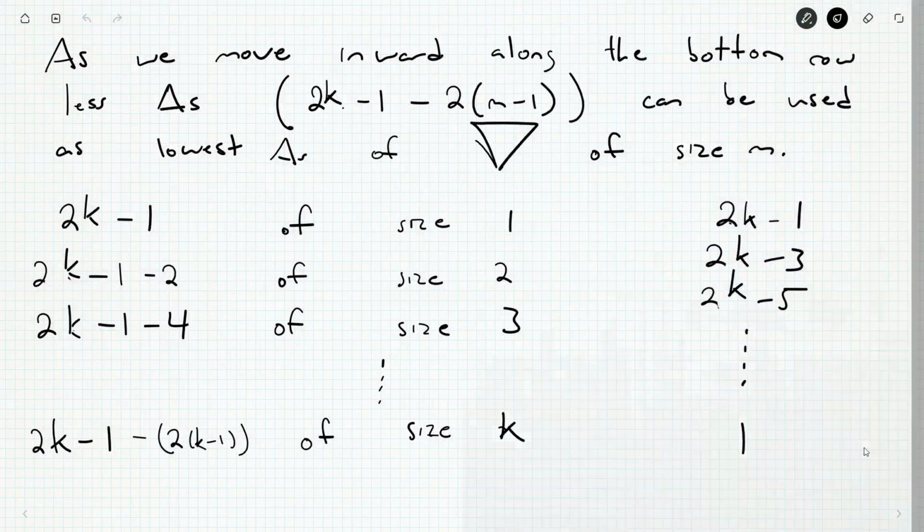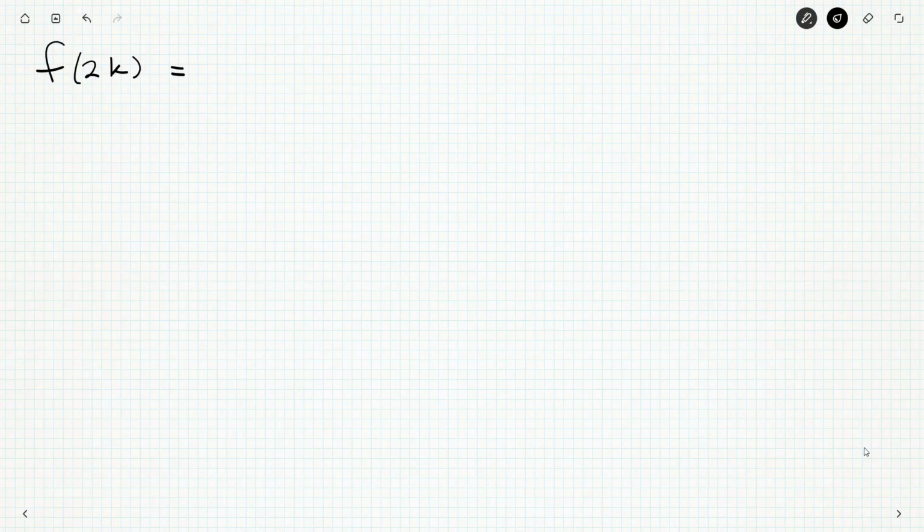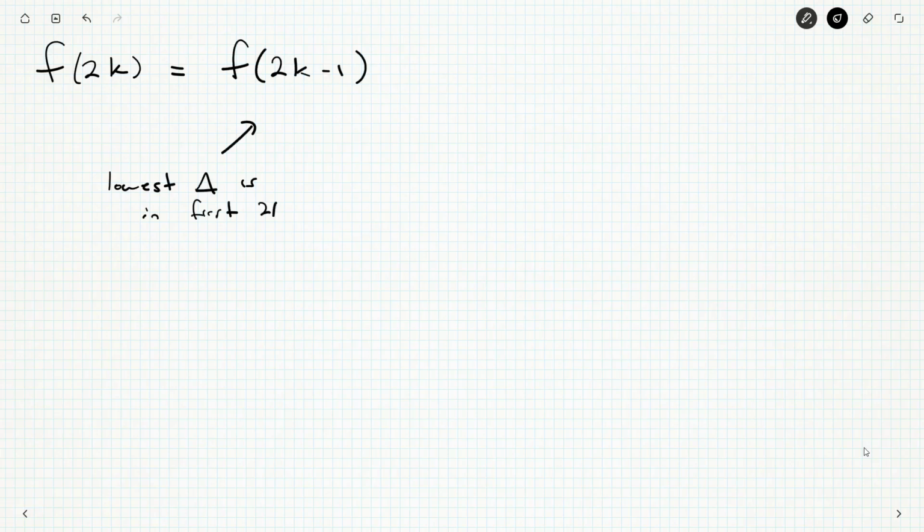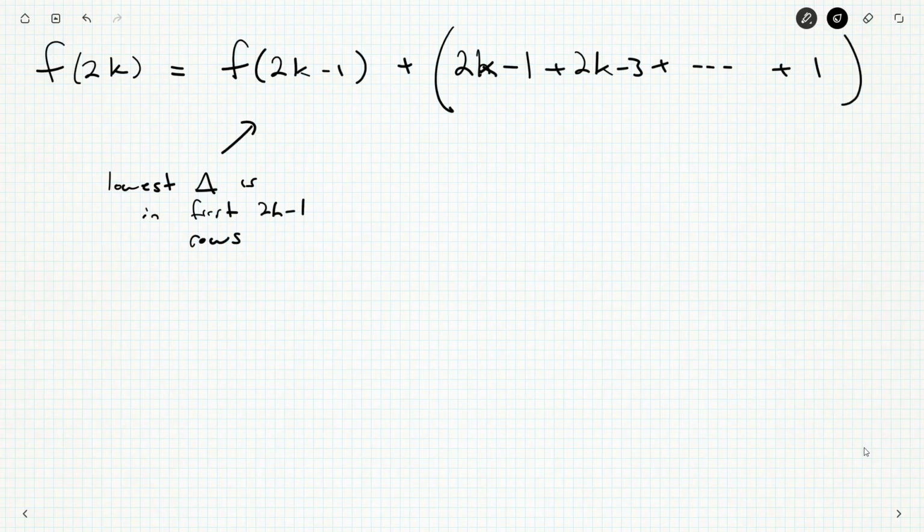Alright, so now I need to add these. So f of 2k is the ones coming from... So here, I'll just remind them lowest triangle is in the first 2k minus 1 rows. Plus, and now 2k minus 1 plus 2k minus 3 plus all the way down to plus 1. So the question is, well, what is the sum of all these odd numbers here?